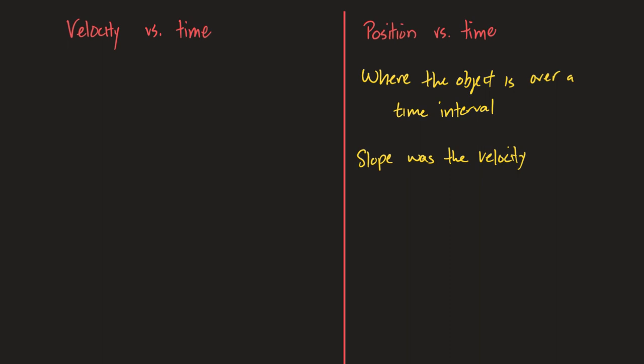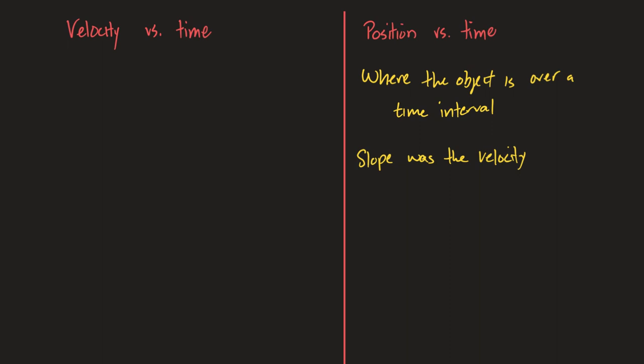I put a vocabulary word to it because it not only told us how fast the object was traveling, but depending on whether the slope was positive or negative, also indicated in what direction the object was traveling. So that's why the word velocity is used here. And that's it. That's the extent of what we came up with.